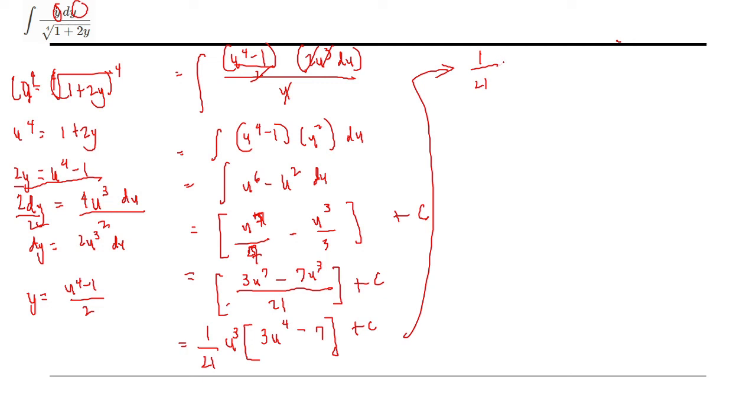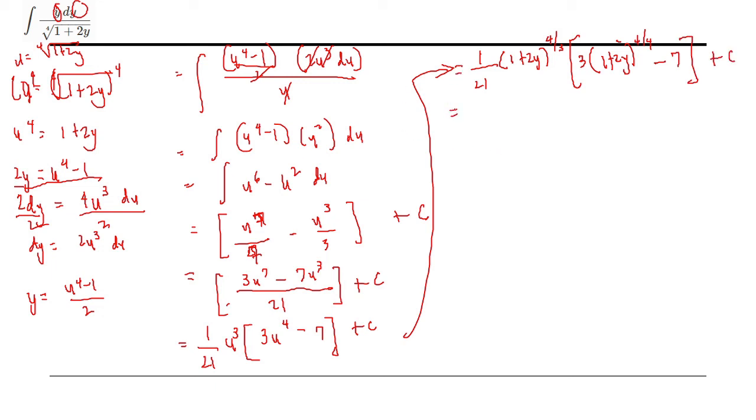Then proceed with substitution. Times 1 plus 2y to the power of 4 thirds times 3 times 1 plus 2y to the power of 4 all over 4. So 4 over 4 already, no? Okay. U is the 4th root of 1 plus 2y. Then this is minus 7 plus c.